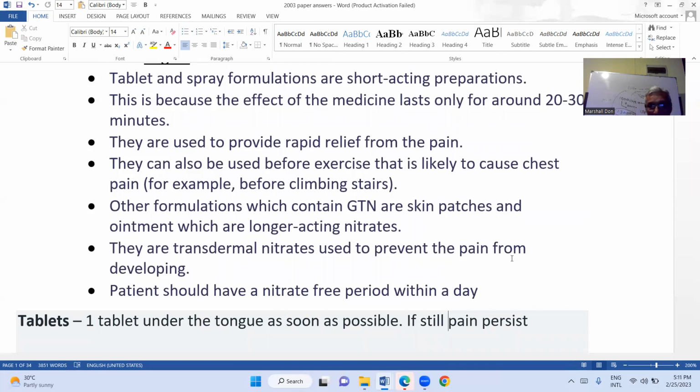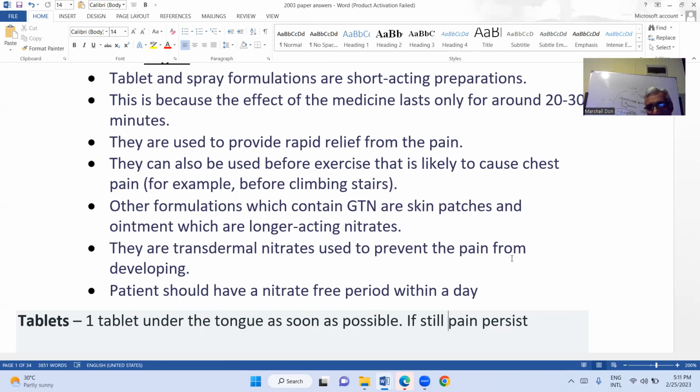Some people, if they know that they have anginal pain when they are doing some heavy work, say if they have to climb up to the 10th floor walking, then they better take the GTN tablet, keep it under the tongue and then go. So he is safe. Otherwise, after a little bit of time, they feel chest pain and trouble.